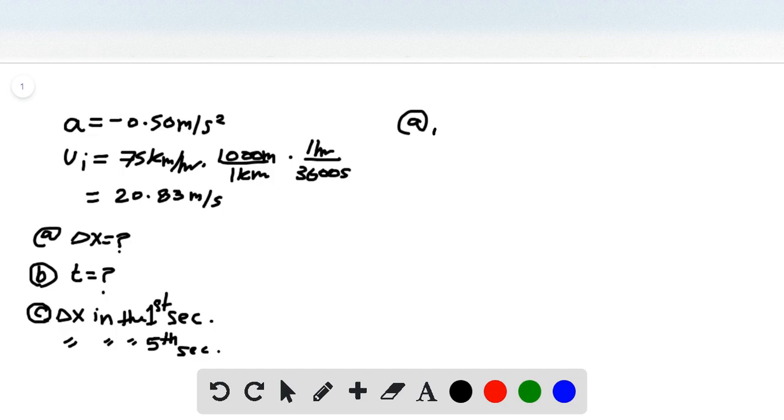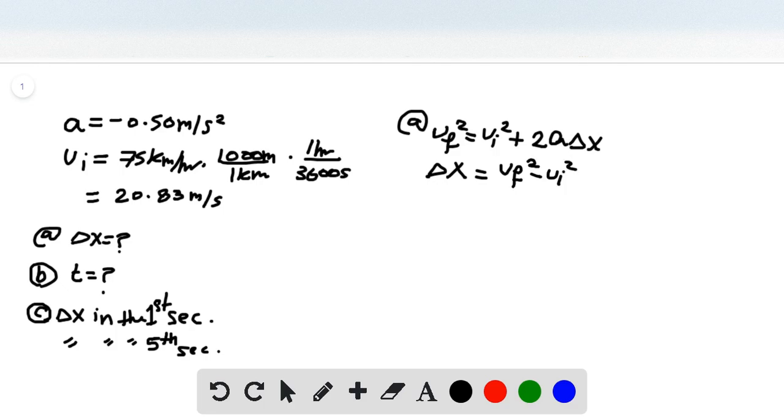To find the distance, we know that v final squared equals v initial squared plus 2a delta x. Solve for delta x algebraically first, and then you substitute the numbers. That's always the best option. So substitute the numbers.